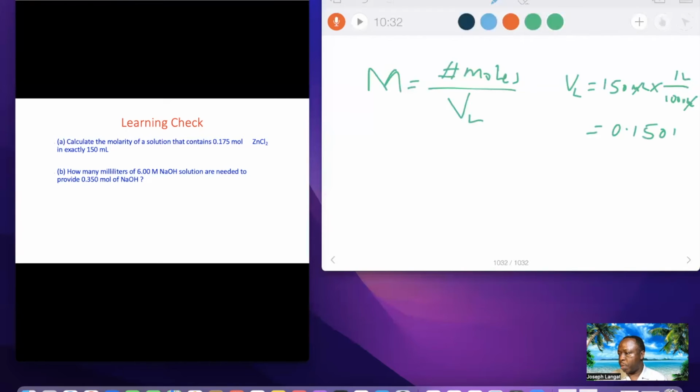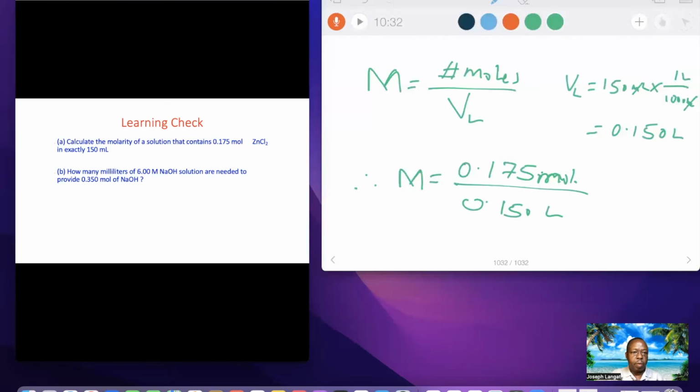So it is 0.15 liters. Therefore, molarity equals 0.175, I didn't have to calculate the number of moles, over 0.150 liters.